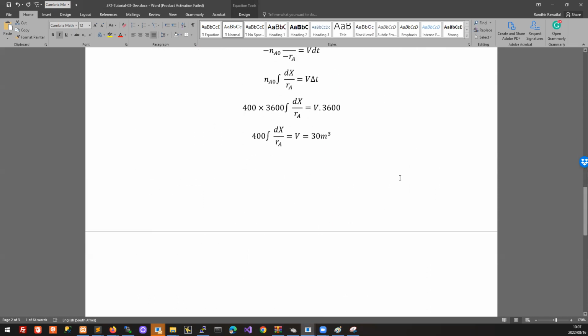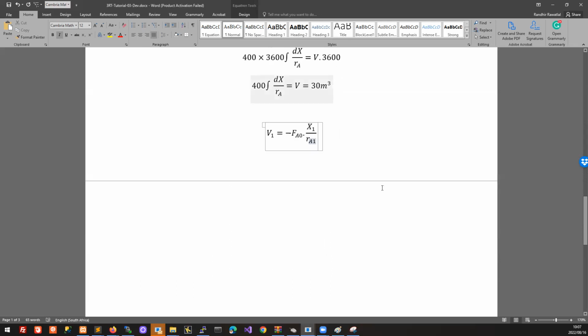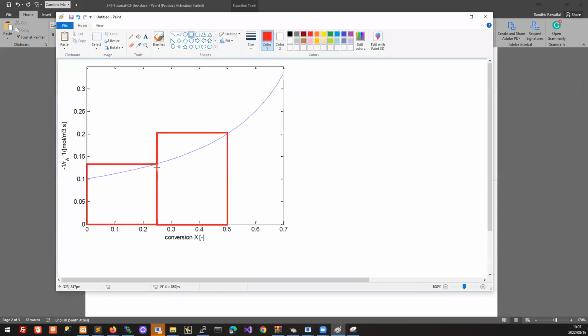So for the first one, it's straightforward. V1 equals X1, and this is RA1. So the reaction rate at that exit point. So we are using the rate here. So that's your RA1.